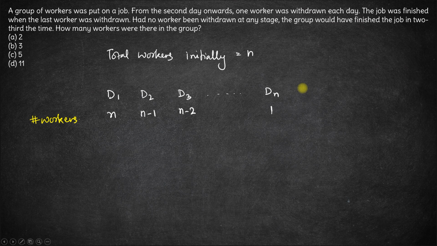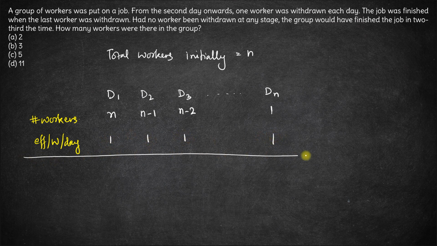Okay. Now assuming that efficiency per worker per day is 1 unit. So every worker completes 1 unit of the work every day. So in this case, what is the work done per day? Let's calculate that.